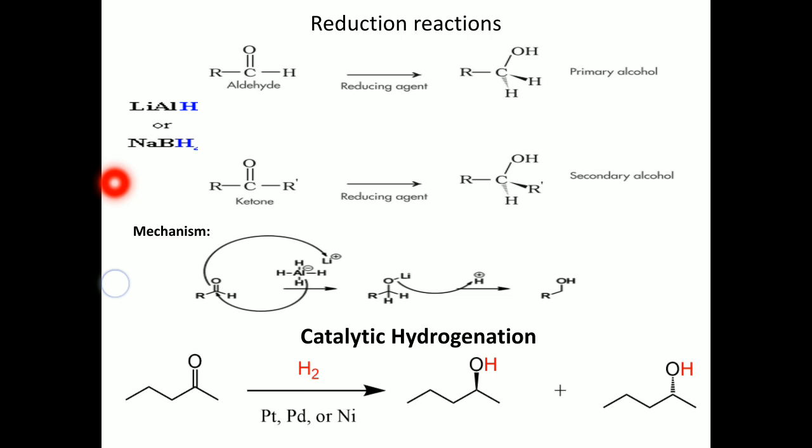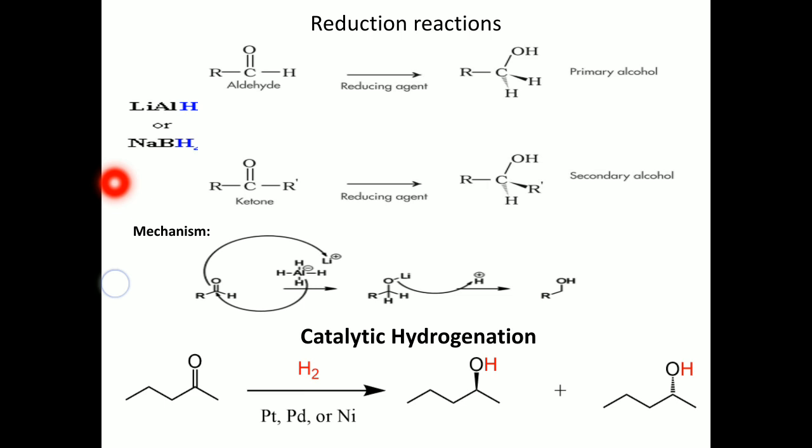Then a primary alcohol can be produced. So by the reduction of aldehydes, we get primary alcohol.